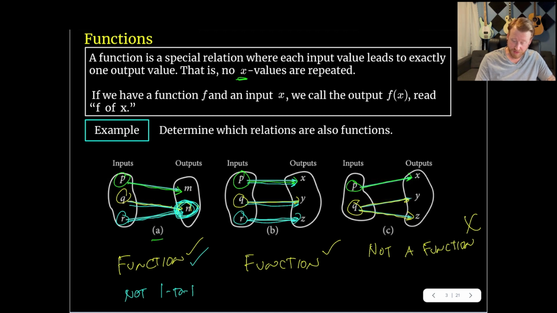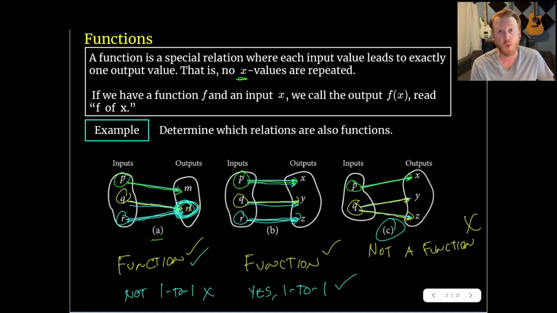So this one is, yes, one-to-one. This one is not. And then we can't talk about C being a one-to-one function because it's not even a function. It would make sense to consider its one-to-oneness, if I can say it like that, only if it were a function to start with.